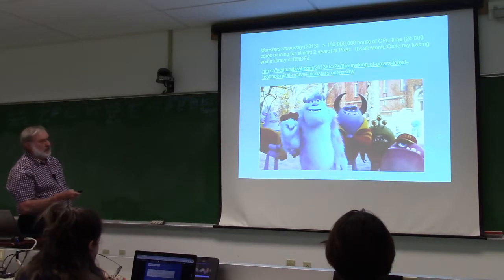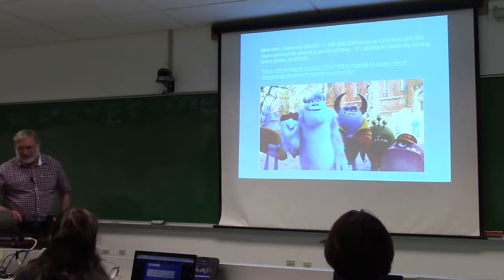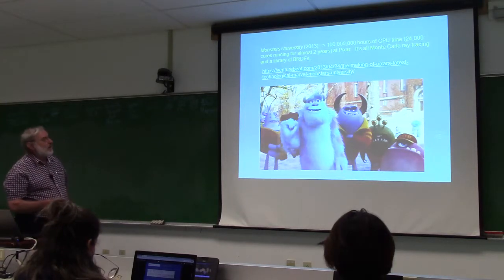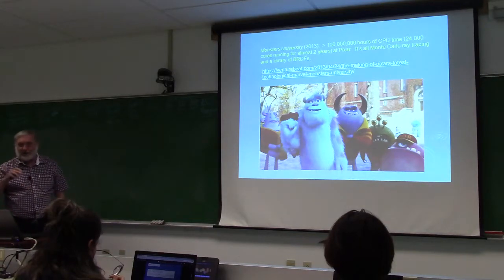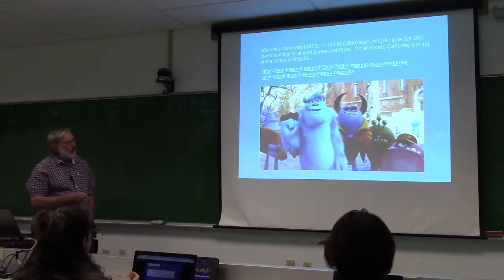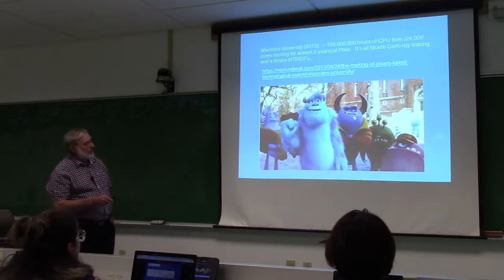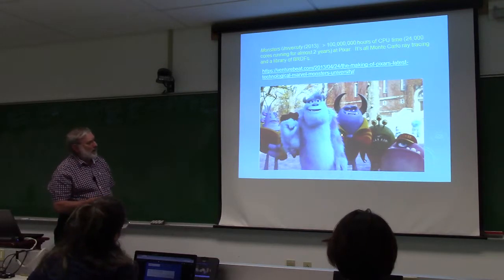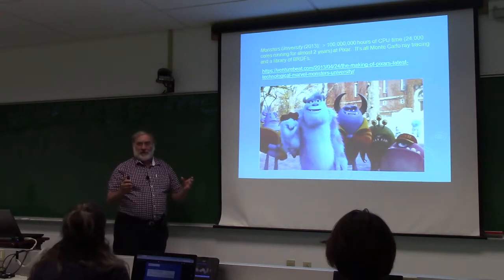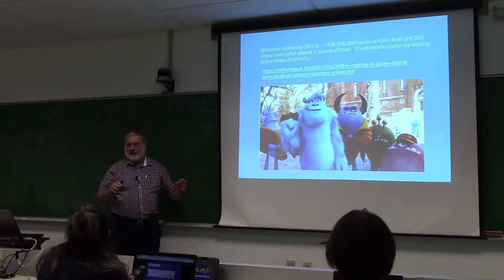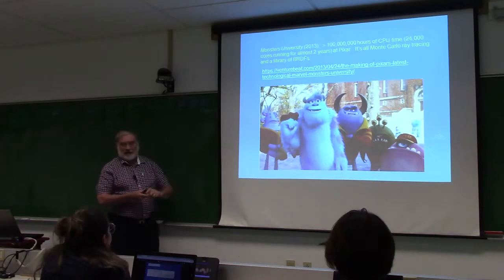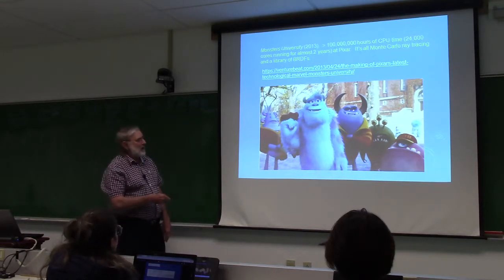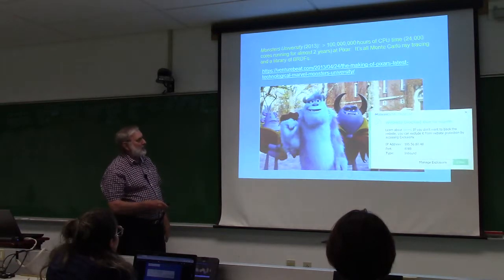There was a movie when I first put this talk together, however many years ago. This movie, Monsters University, had just come out, so I was reading up on things. Well, they've got their little things here, monsters, whatever they are. Hollywood has had 20 years and unlimited funding to develop BRDFs for like dinosaur skin and people skin and monster fur and brick walls and, you know, whatever you want.